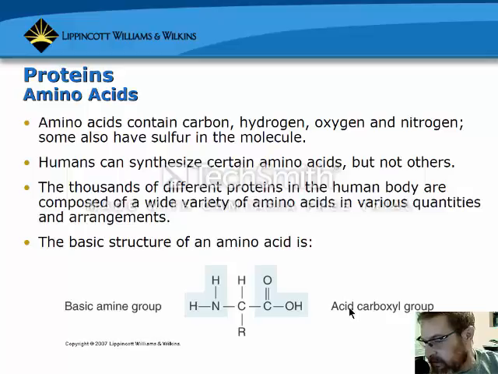Now in this picture, the R basically means it's any chain that can be there. And that could go from something very simple, like just a hydrogen atom, to something with a whole lot of carbon atoms attached to it.